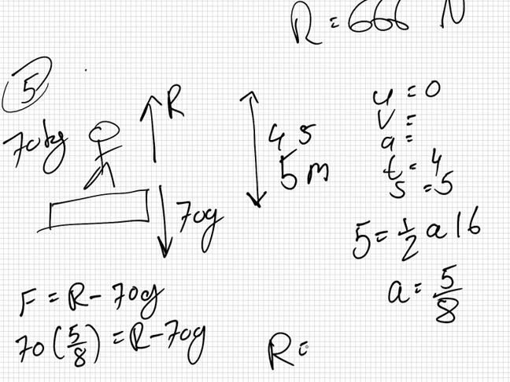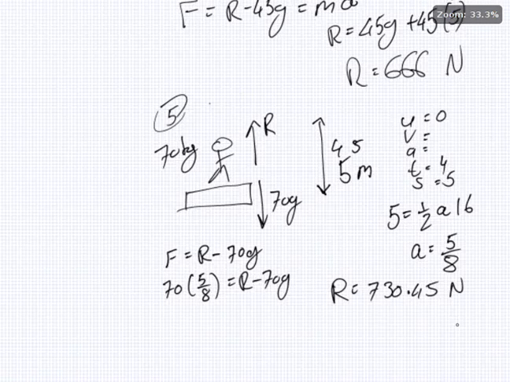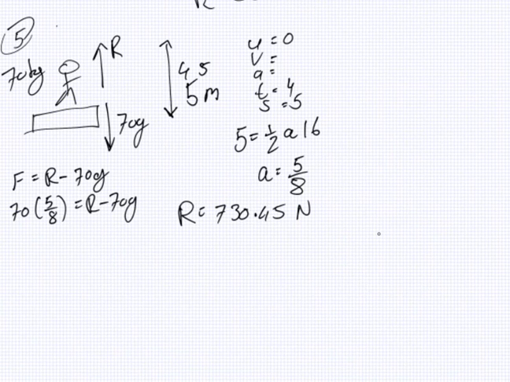So R equals 5 times 70 divided by 8 plus 70 times 9.81. So I got R is 730.45 newtons.